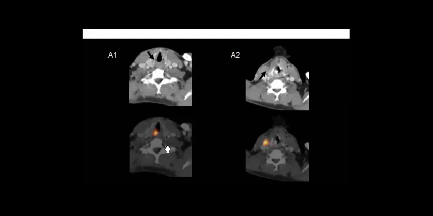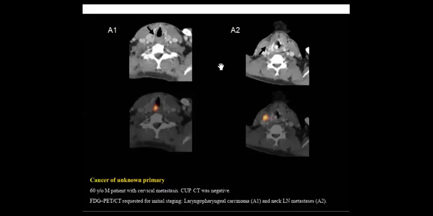Yes, Asma, the primary will be the larynx, and this lymph node is metastatic from the larynx. So this one is easy. You find the lymph node, and when you go to the uptake, you find it focal and asymmetrical on one side, and you already have something in the CT like a nodule corresponding to it. So it is laryngeal cancer.